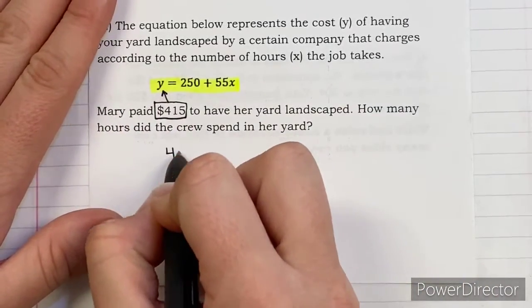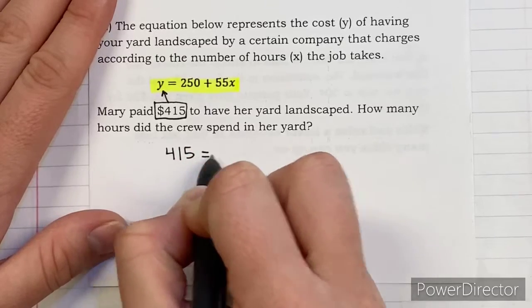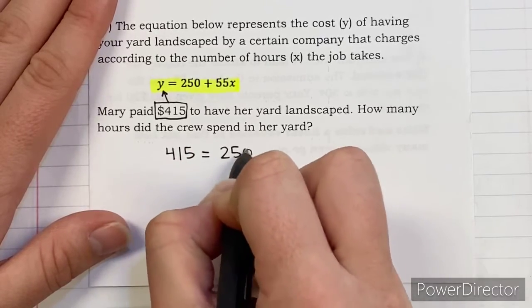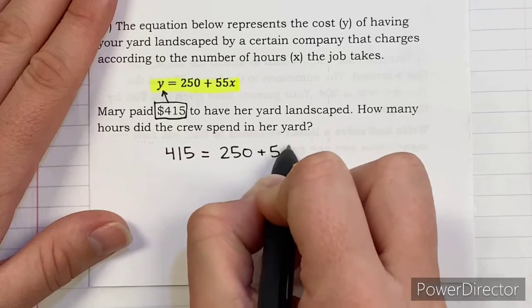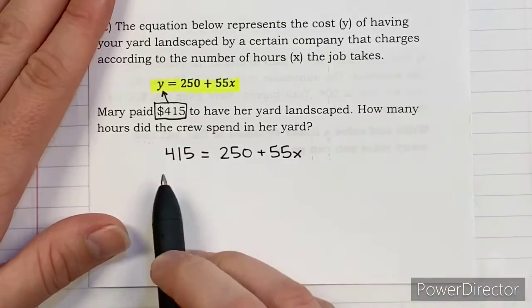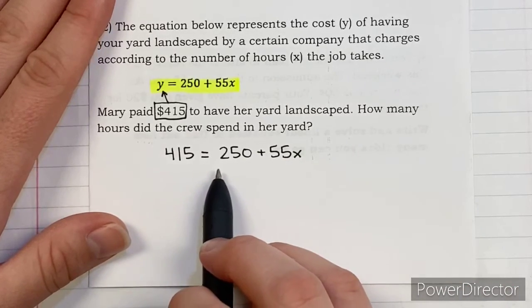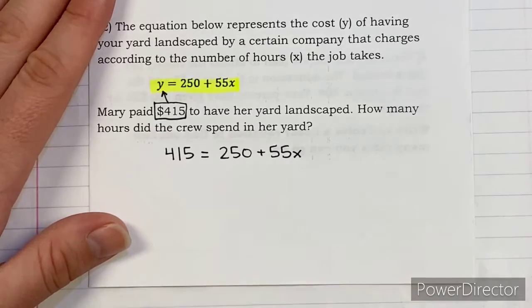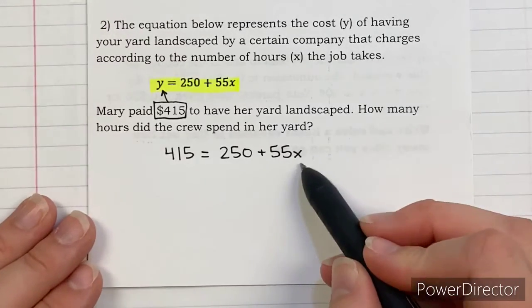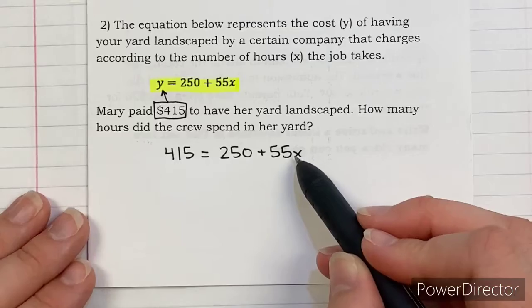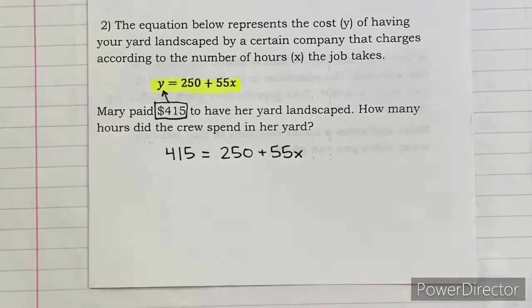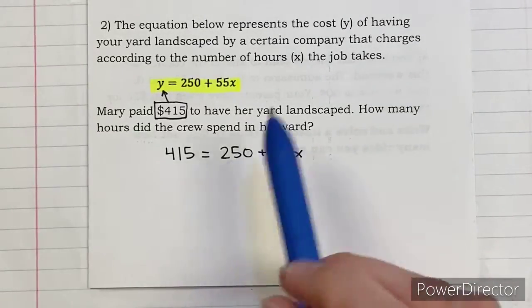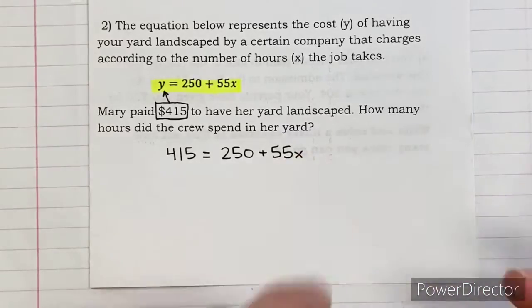So here's what that's going to look like. We have 415 is equal to 250 plus 55x. And now I just need to solve to isolate this variable over here. So first thing I need to do is get rid of this 250 because our goal is to get this by itself.